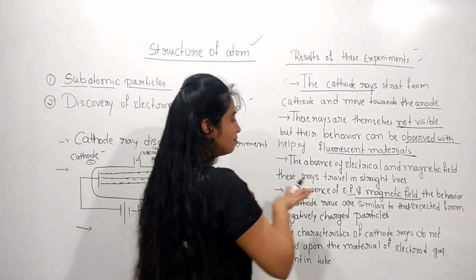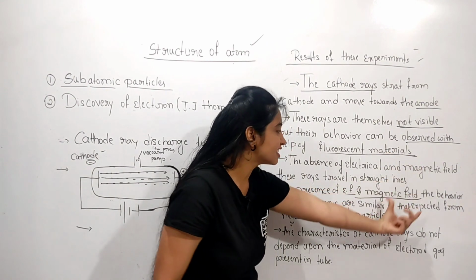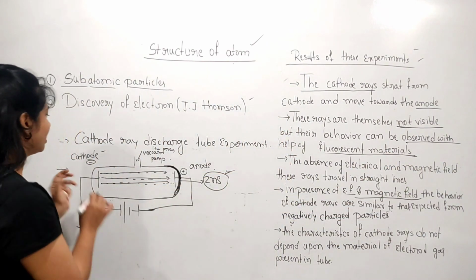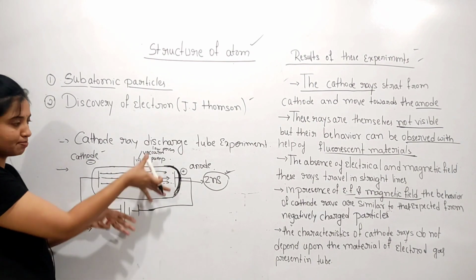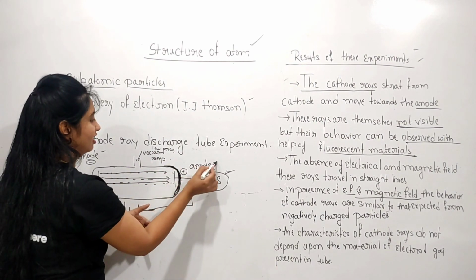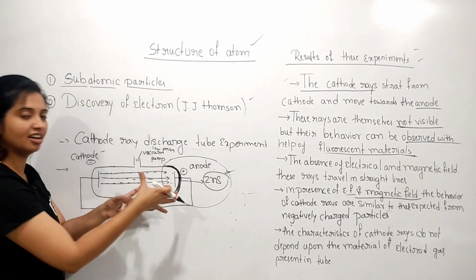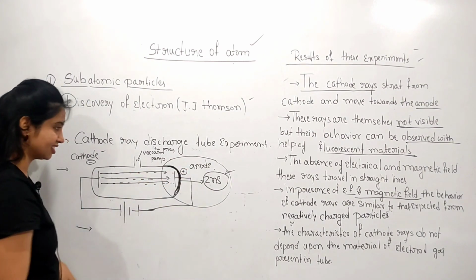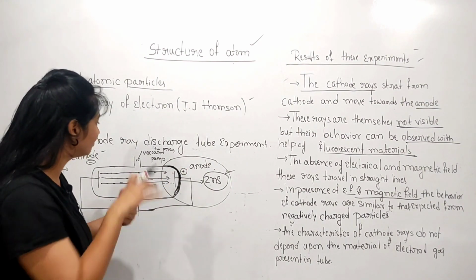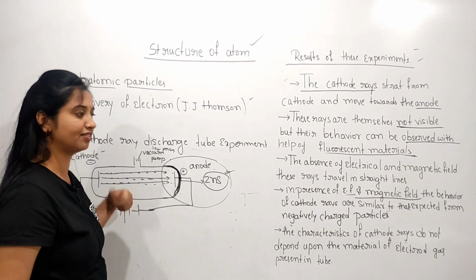And in the presence of an electric field and a magnetic field, some deflection takes place towards the anode side when we apply the electric field and magnetic field here.